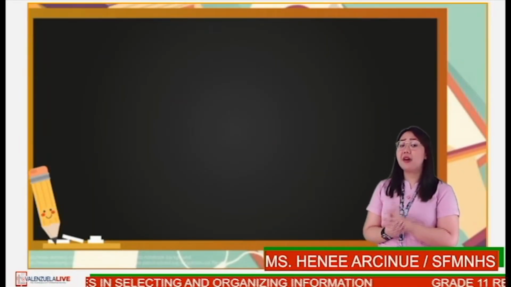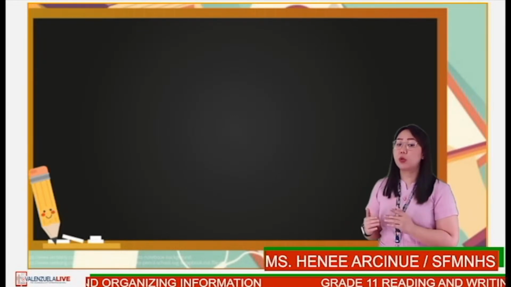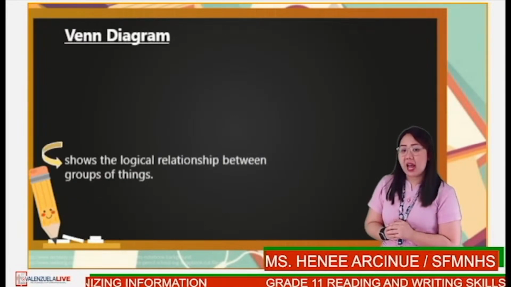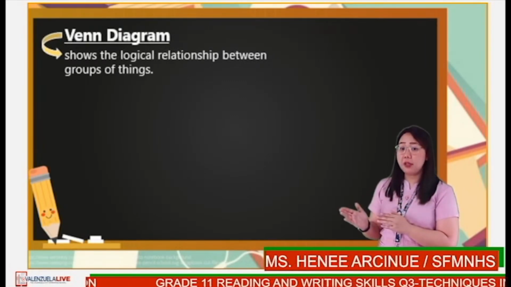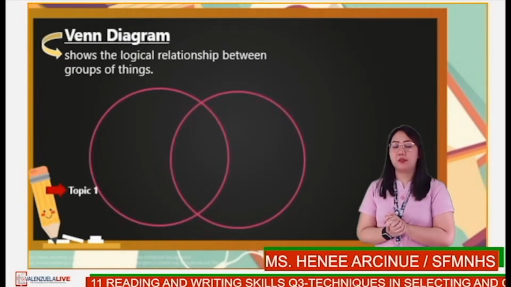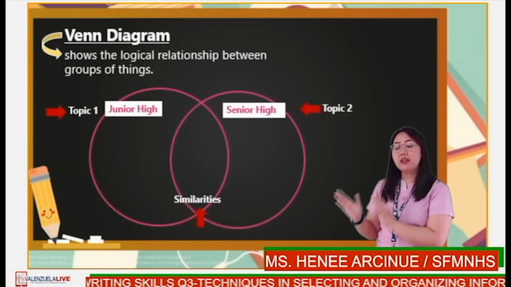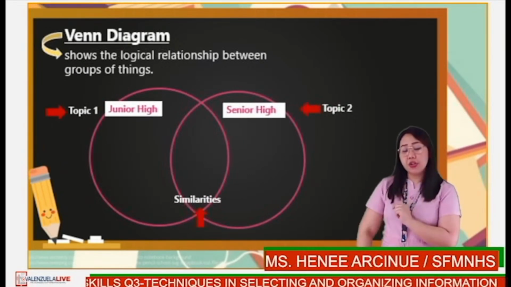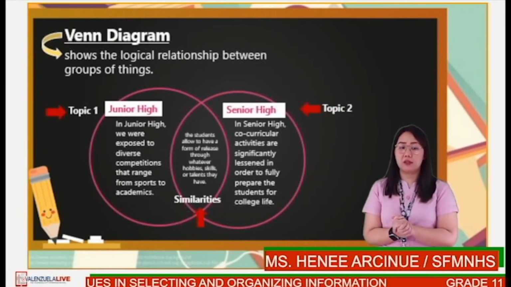Next, we have a Venn diagram. It shows the logical relationship between groups of things. This diagram can be used in the classroom as a tool to help you in comparing and contrasting two new objects or concepts. For example, we are going to contrast junior high to senior high. In junior high, before, you were exposed to diverse competitions.